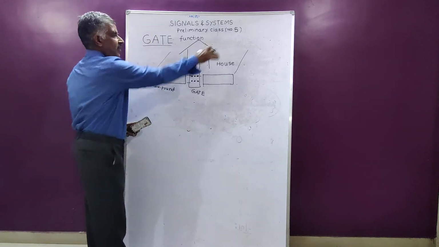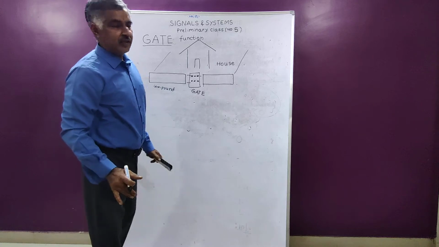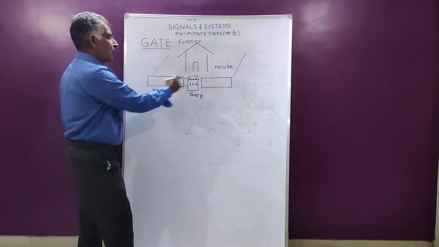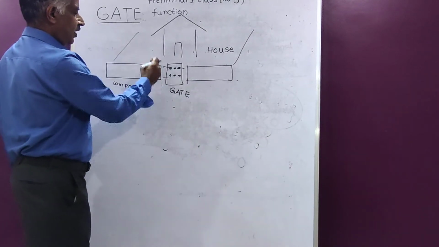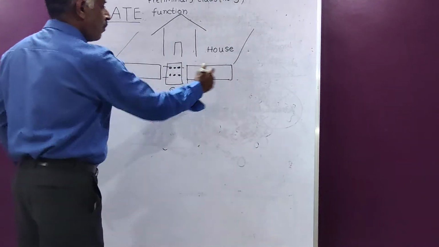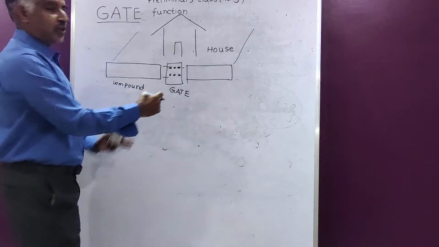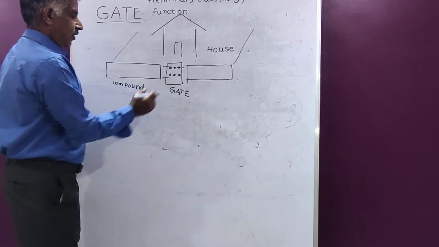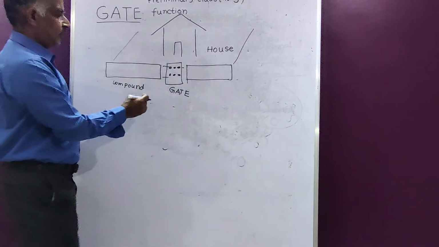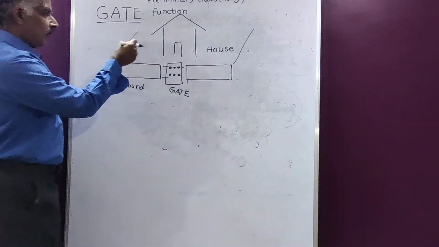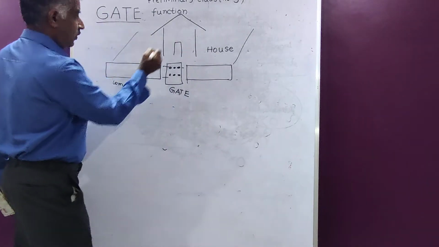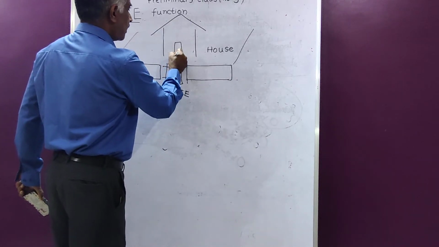Here I have shown a diagram of a house encircled by a compound wall with a gate. So this is the house, the compound, and in a narrow portion of the compound, there is a gate. What is the importance of the gate? For people to enter the house, is it not?